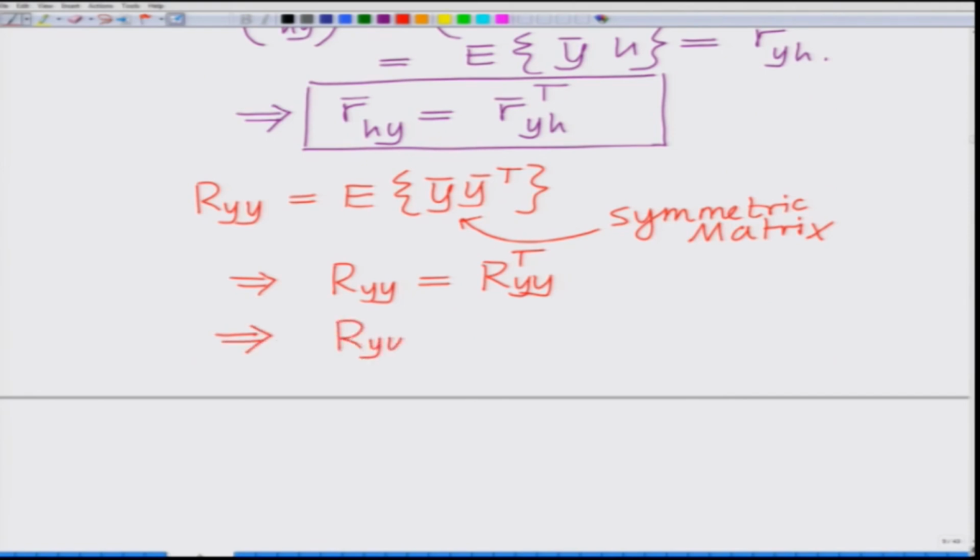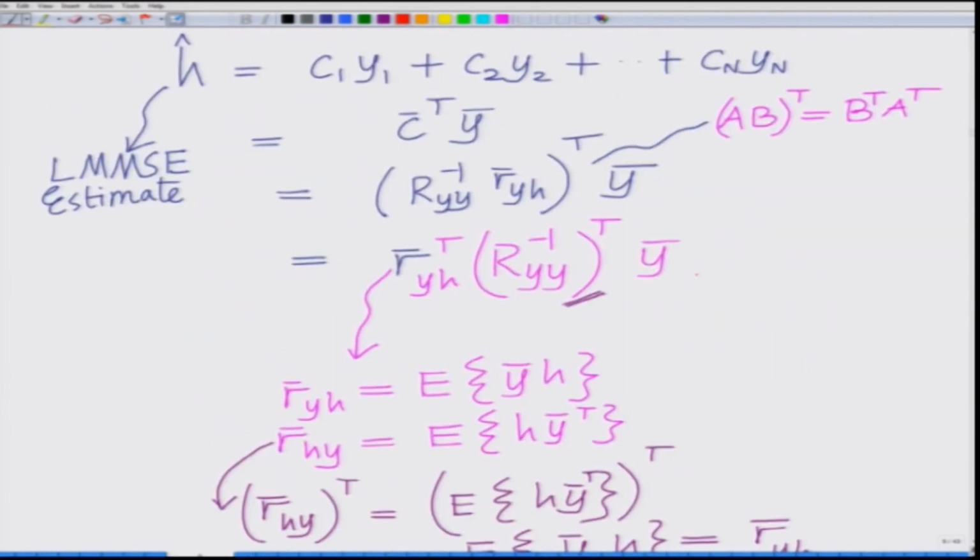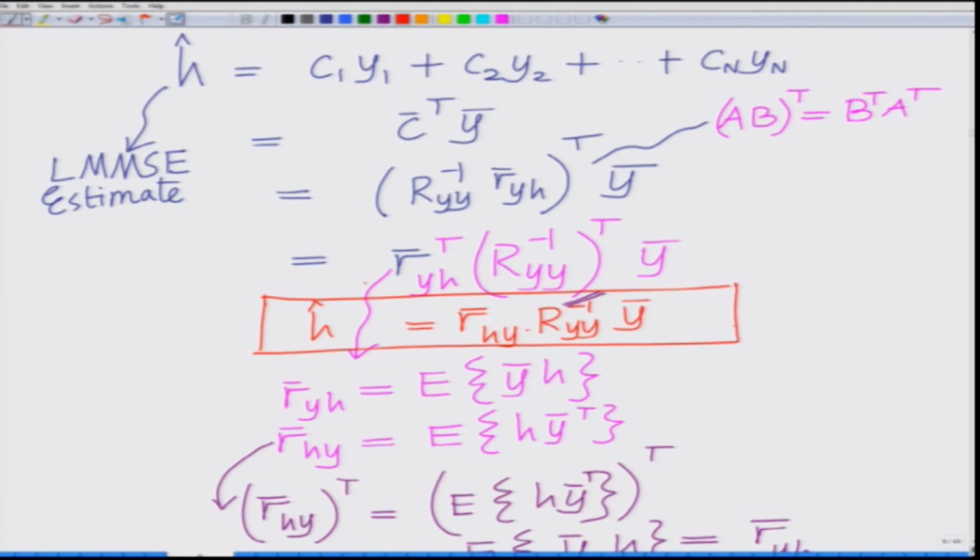This also implies R_YY inverse is R_YY inverse transpose, and therefore, I can simplify this quantity here. First, instead of R YH transpose, I can use R bar HY. R_YY inverse transpose is the same as R_YY inverse. So, I can write this as R bar HY R_YY inverse Y bar, and this is the expression for the LMMSE estimate, and this is a succinct as well as very interesting expression.